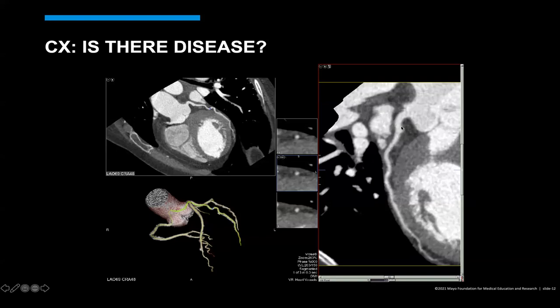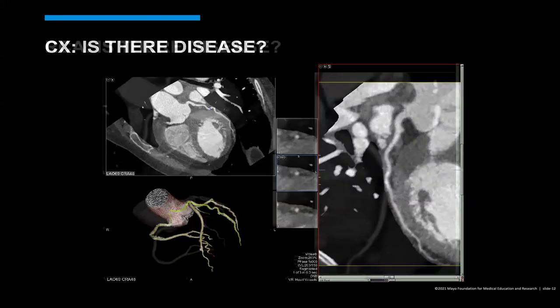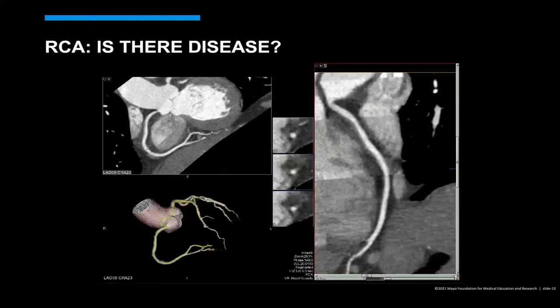I think that's where the left anterior descending artery branch is coming off, and then it just goes out into a different plane. So again, the answer to this question is no. There's no coronary artery disease there. What about the right coronary artery? Yeah, I don't see anything.